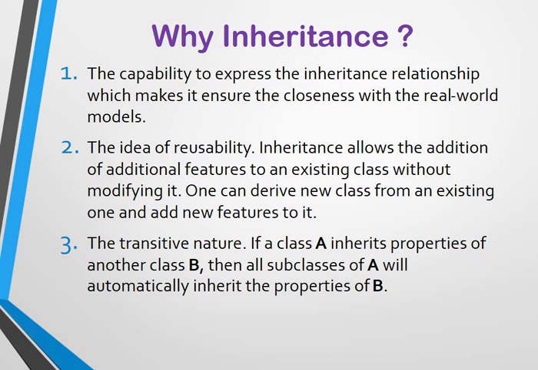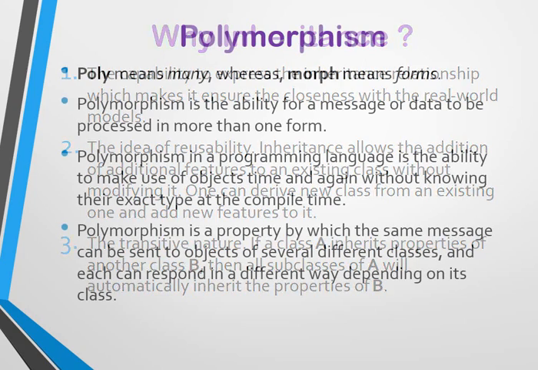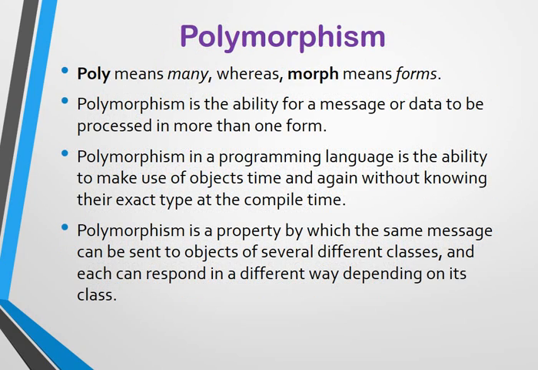Now, our next topic, which is polymorphism. Polymorphism came from the term polymorph, where poly means many and morph means forms. Polymorphism is the ability for a message or data to be processed in more than one form.